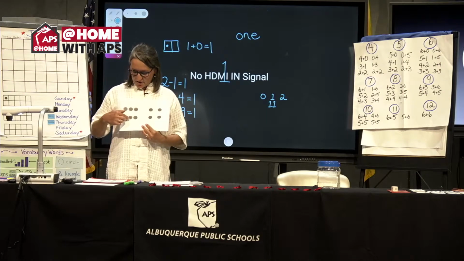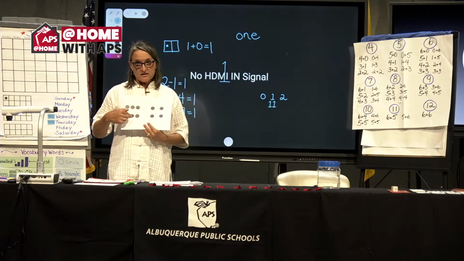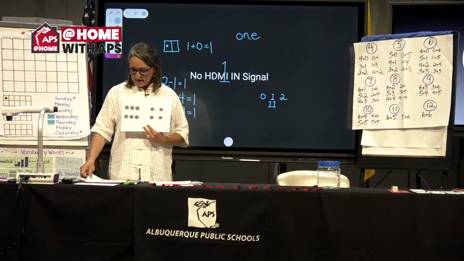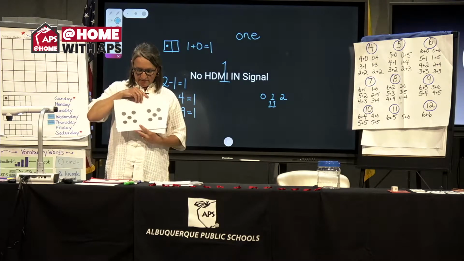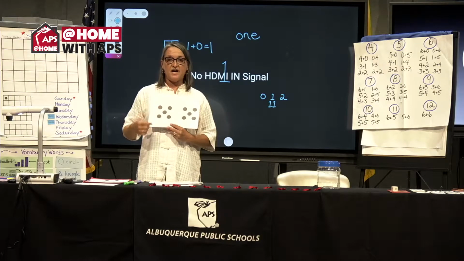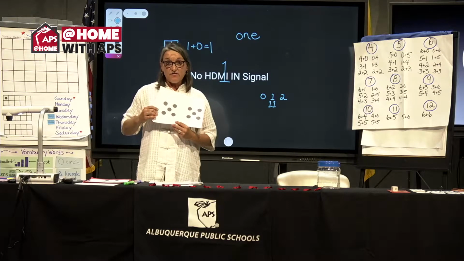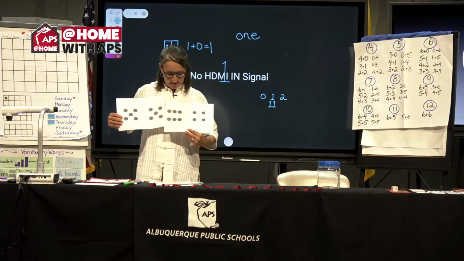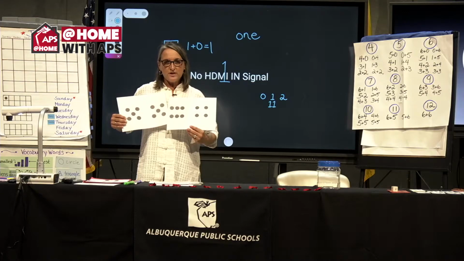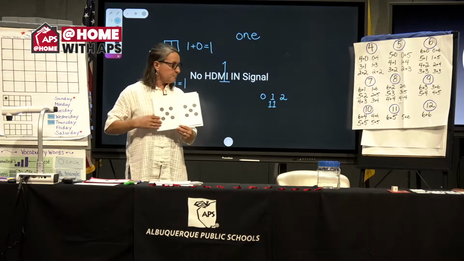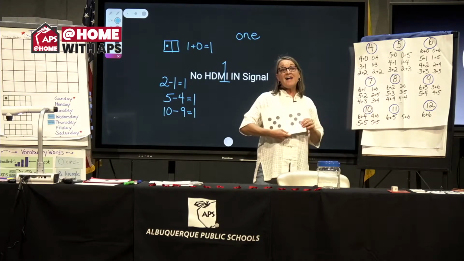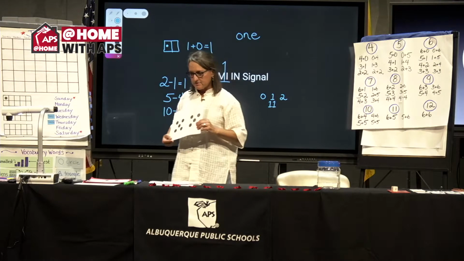I might think about taking one of these dots from my 6 and sharing it with my 4. If I do that, then I have a new problem, and it's one that I know. It's 5 plus 5, which is 10. And 5 plus 5 is the same as 6 plus 4. I just thought about, in my brain, rearranging those dots, which is really thinking about changing up our add-ins to make simpler problems for us.